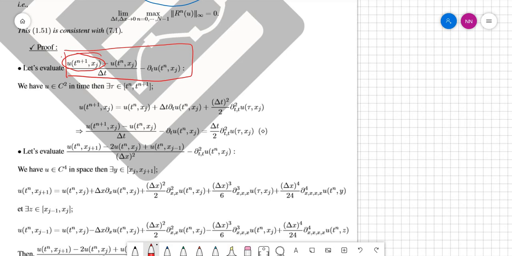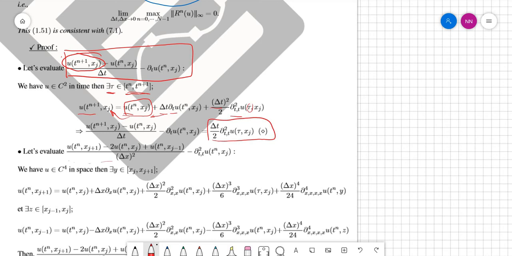From the Taylor expansion, we can write that there exists a tau in the interval such that u(t_{n+1}) is u(t_n) plus the step times the derivative, plus step squared over 2 factorial times the second derivative at tau. We bring u(t_n, x_j) to this side, and we divide by delta t, so minus d_t u is equal to this term.